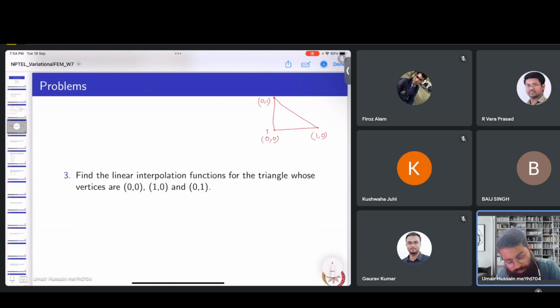So we'll take this as node 1, 2, and 3. Okay, so can anyone suggest how we start? How do we solve this?